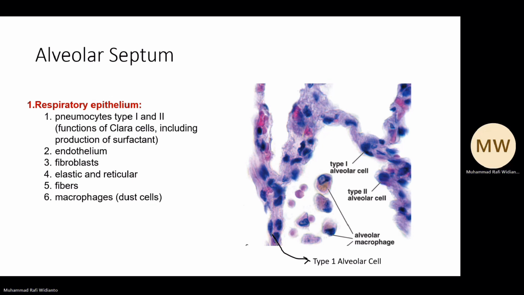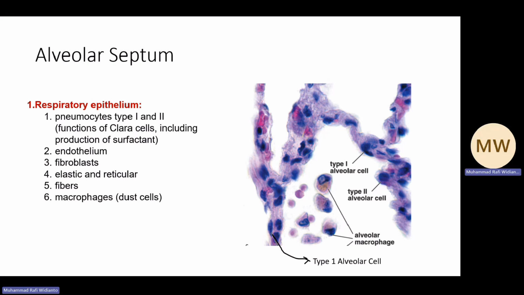And then we'd also have the elastic and reticular fibers, and we also have the macrophages, which are basically the immune defense of the lung or the respiratory system. These are named dust cells or corneophages, but most professors don't mind you using dust cells. So that is just that.